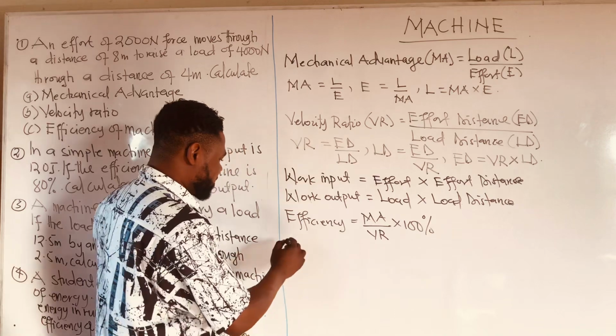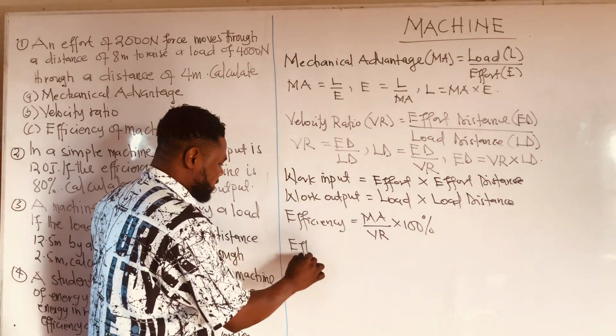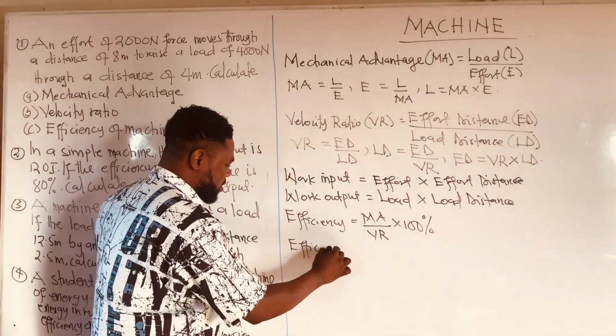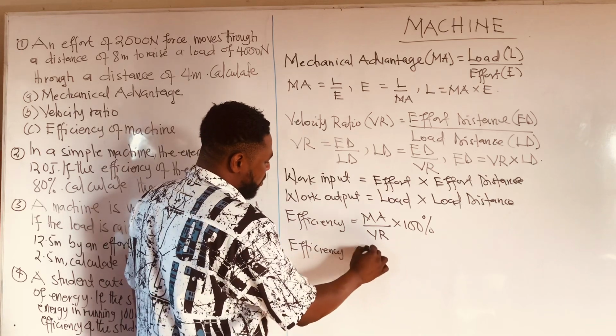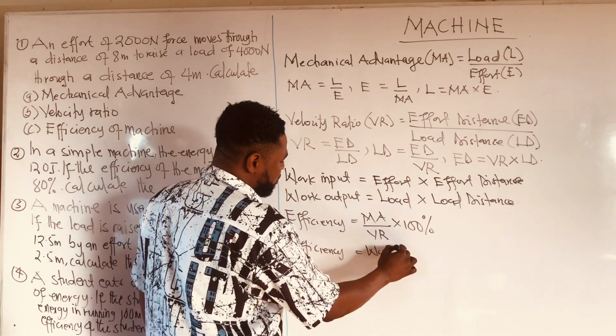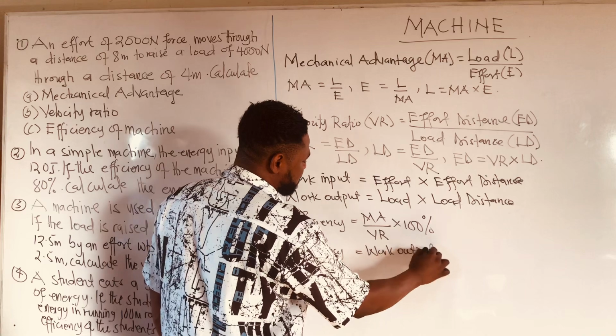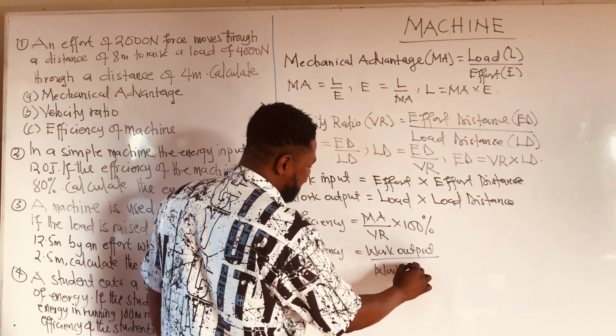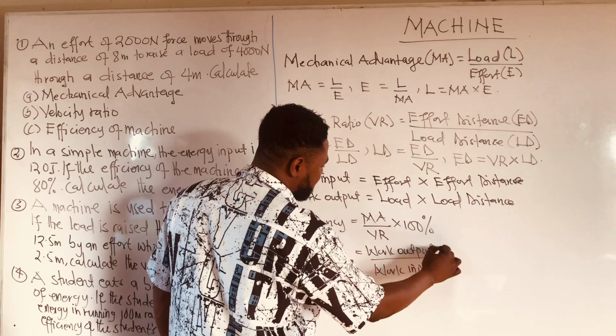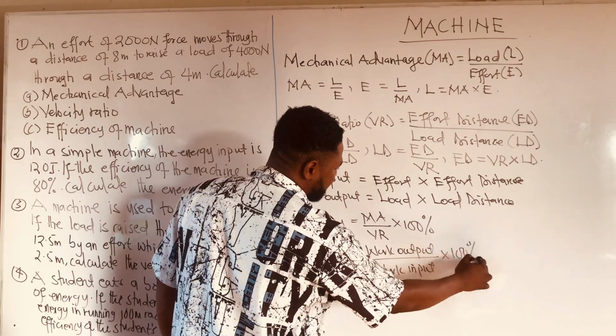We can also say that efficiency of machine is equal to work output all over work input expressed as percentage.